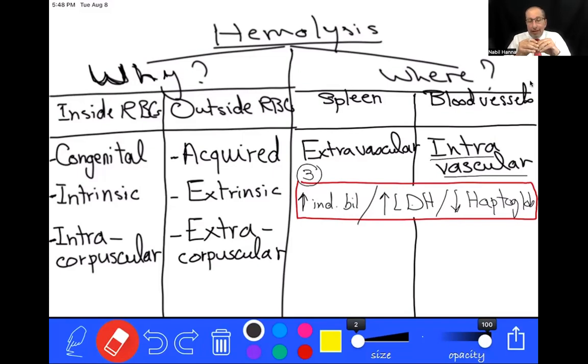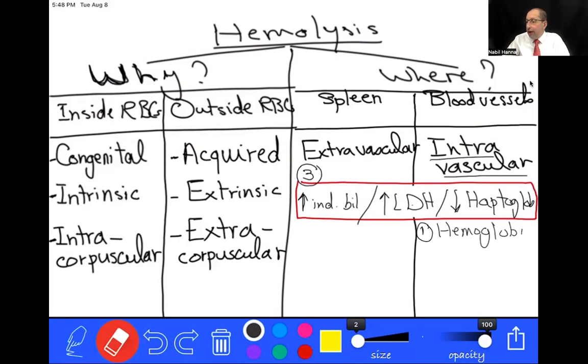When red blood cells rupture inside the spleen, some free hemoglobin might find its way to the circulation. But when hemolysis occurs inside the blood vessels, you're going to have huge amounts of free hemoglobin. So we call this hemoglobinemia.